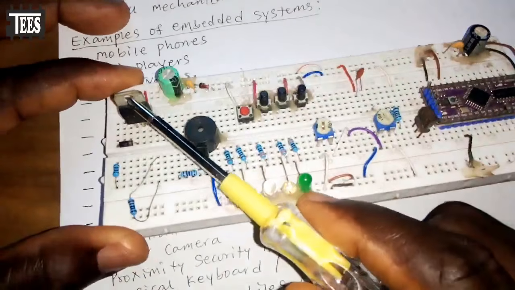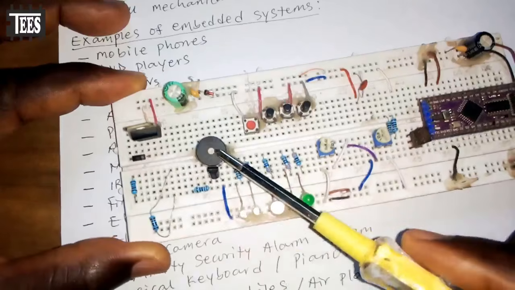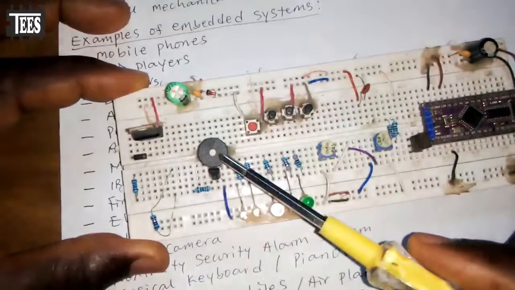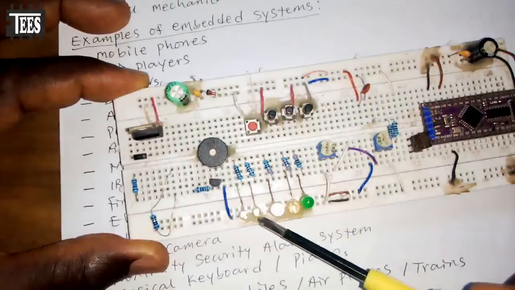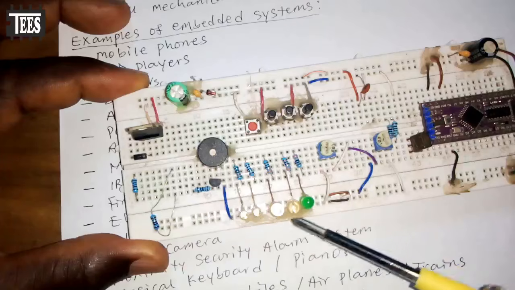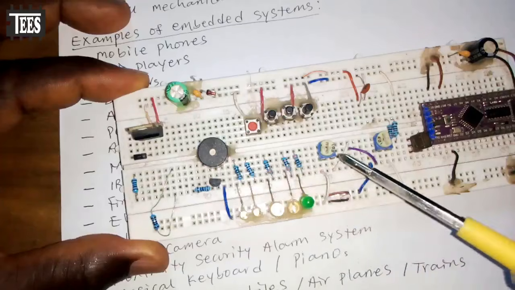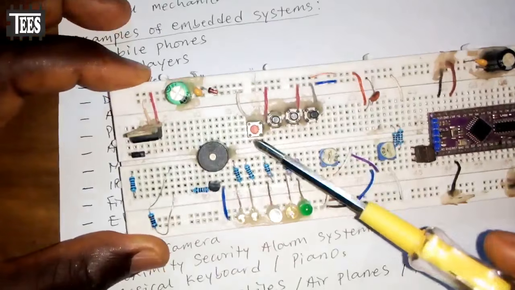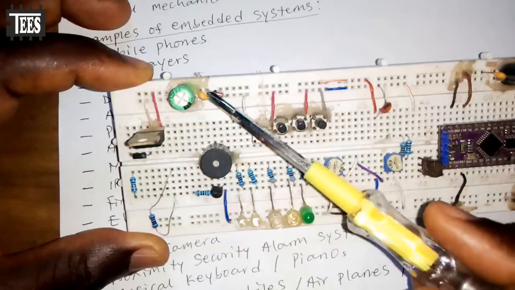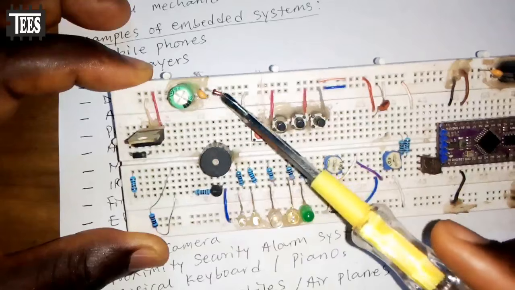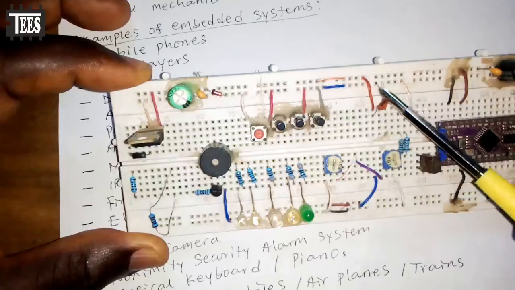Then your 5-volt regulator 7805, your diode 1N4007, your buzzer 5-volt or 3.3-volt buzzer, your NPN transistor C945, 1K resistor, LEDs of different colors, red, yellow, green, blue, white, then 330 ohms resistors, potentiometer of 10K, push buttons, capacitor, polarized capacitor 1000 microfarad 10 volts, non-polarized capacitor 100 nanofarad, then 5.1 volt Zener diode, then your jumper wires. You understand?